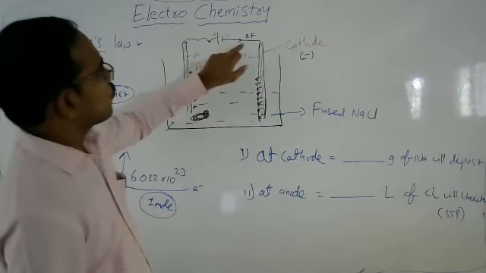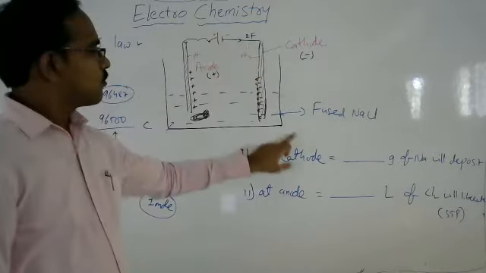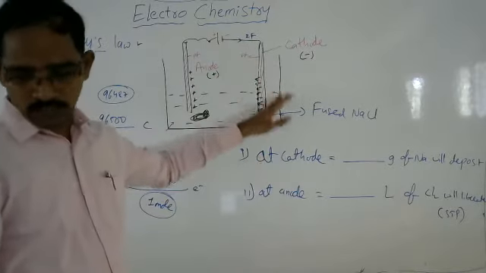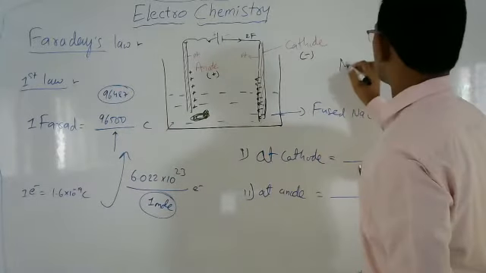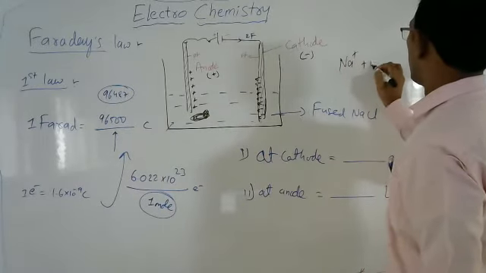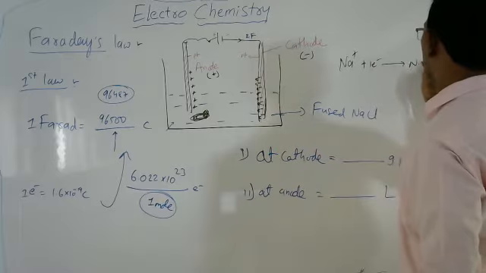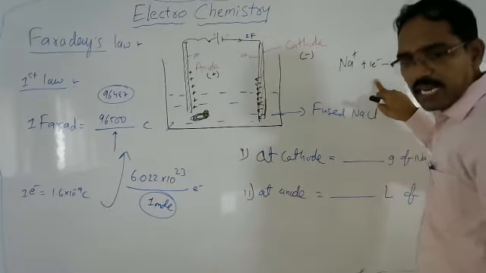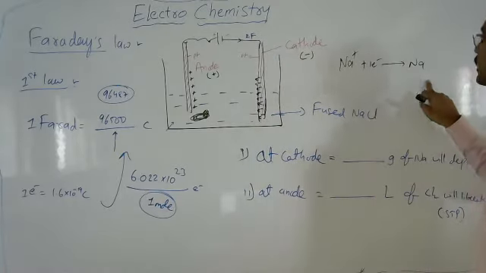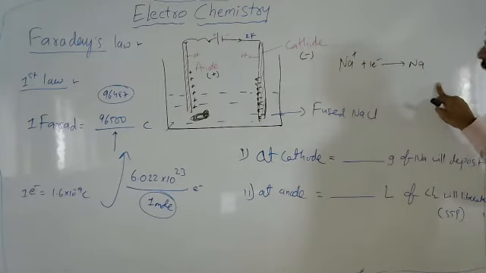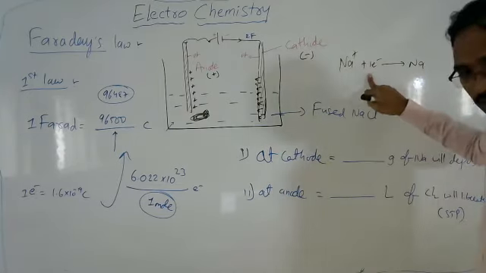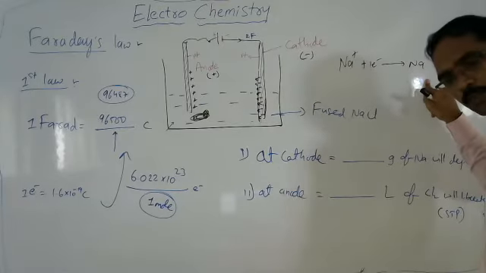If I use 1 farad, 1 mole electrons, Na plus requires 1 electron and forms Na. If I use 10 electrons, 10 sodium will deposit. If I use 1 mole electron, 1 mole sodium will deposit. If I use 2 mole electrons, 2 mole sodium will deposit.